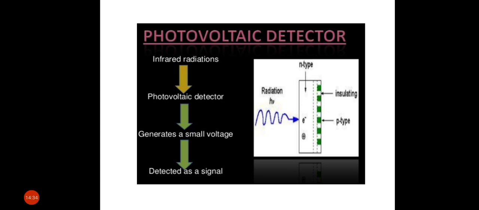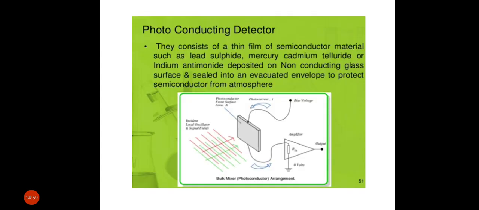They consist of a thin film of semiconductor materials such as lead sulfide, mercury cadmium telluride, or indium antimonide, deposited on a non-conducting glass surface and sealed into an evacuated envelope to protect the semiconductor from the atmosphere.